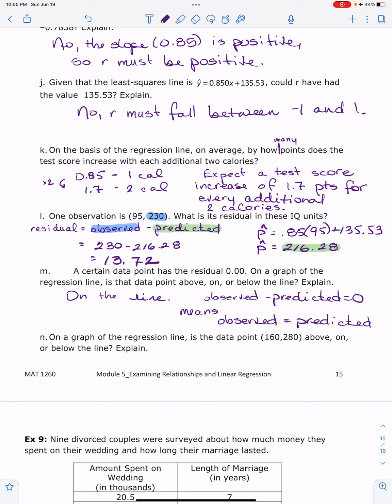On the graph of the regression line, is the data point 160, 280 above, on, or below the line? Well, let's see what the line predicts. I get 0.85 times my 160.